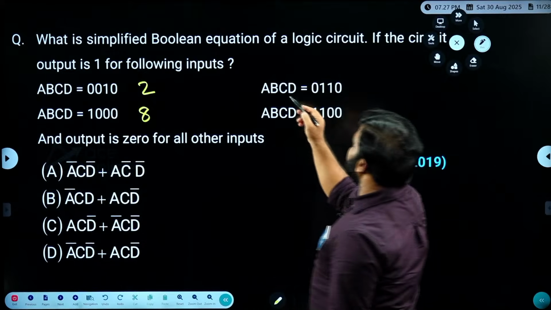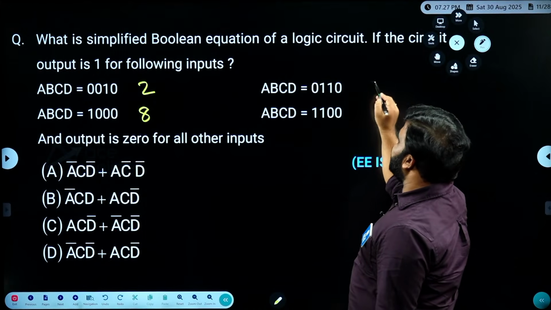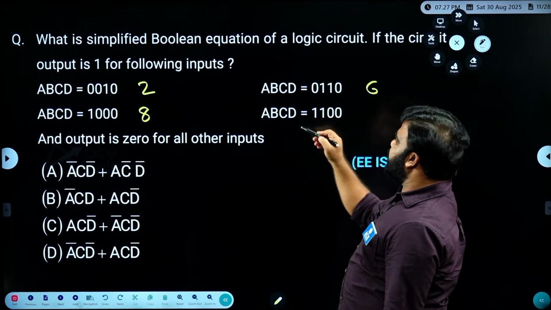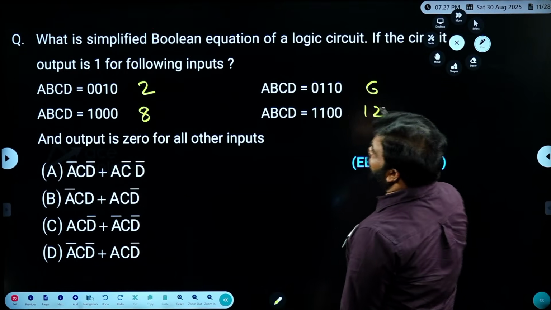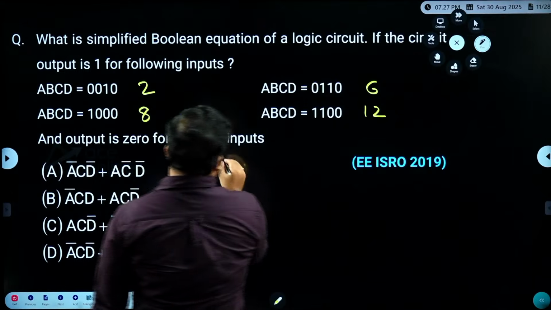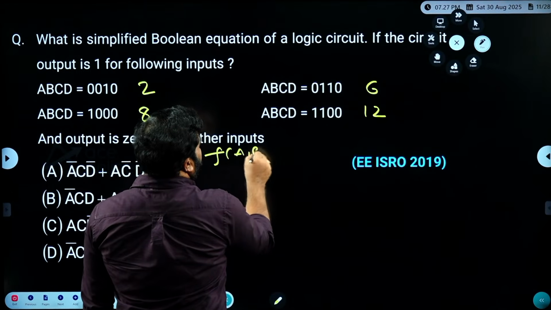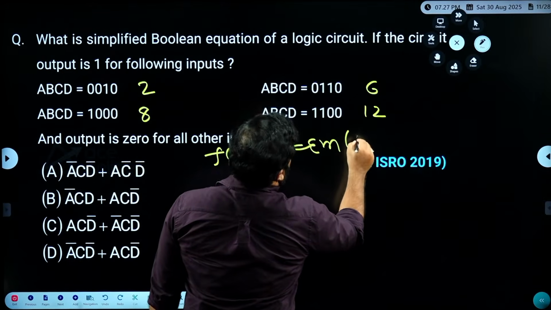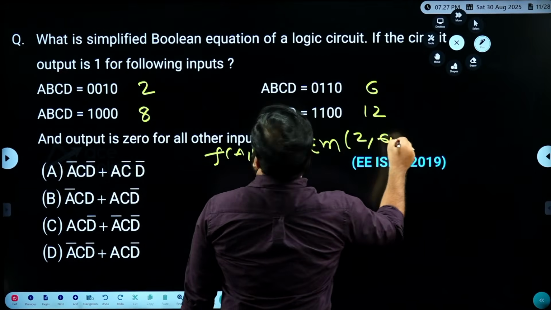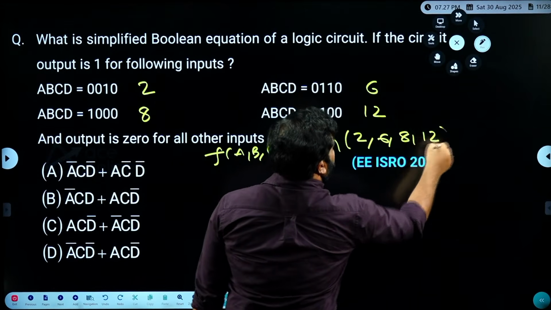ABCD 0 1 1 0, function is 1, it is 6. ABCD 1 1 0 0 is 12. So, finally, f(A, B, C, D) equals sigma m of 2, 6, 8, 12.